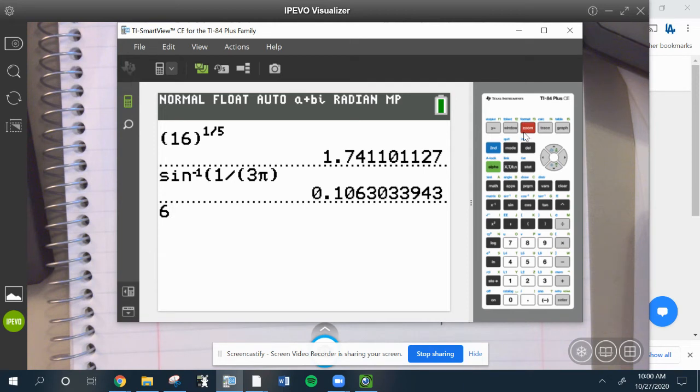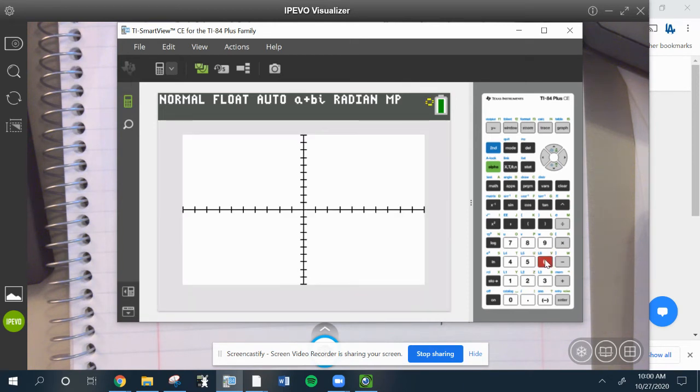Whoa. Now, the points of inflection, it goes from concave up to concave down about right here. And then it goes from concave down to concave up about right here. So it looks like I'm right. That looks like the points we have.